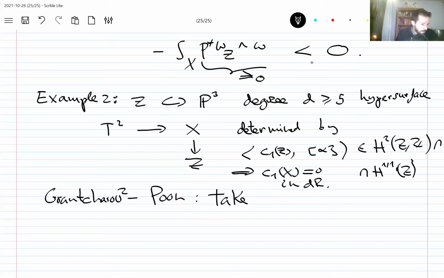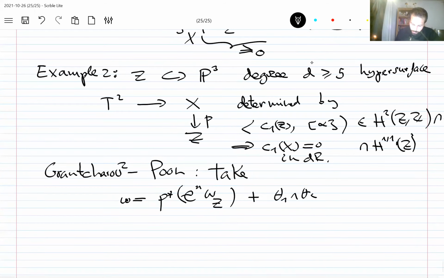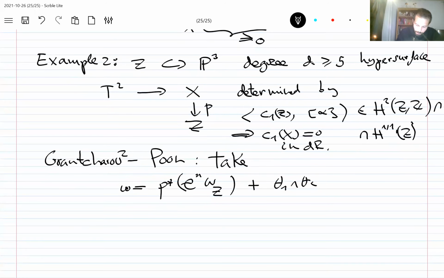Now you take omega to be the pullback by this map of e to the u omega Z plus theta 1 with theta 2. These are curvatures on the two circles, and omega Z is some scalar metric on the base, and then omega is pluriclosed.